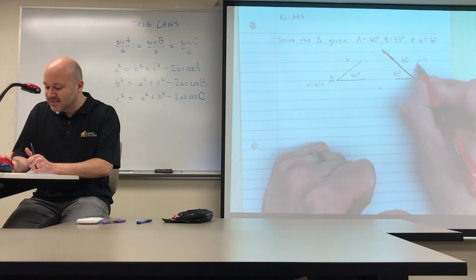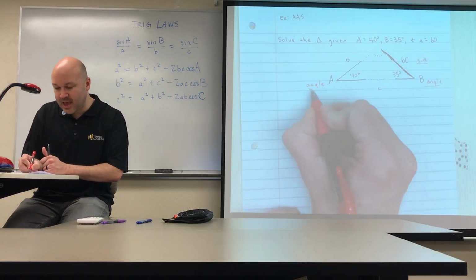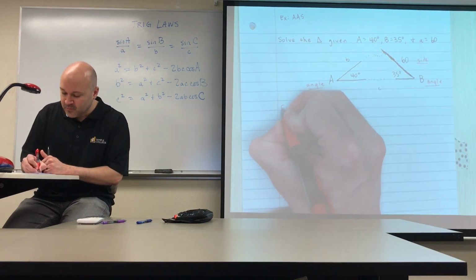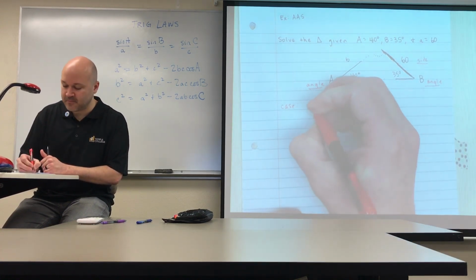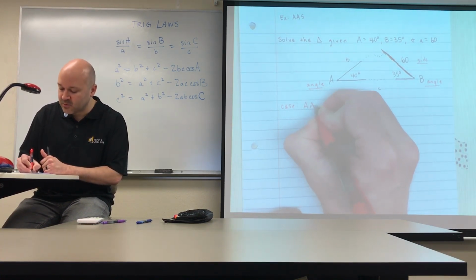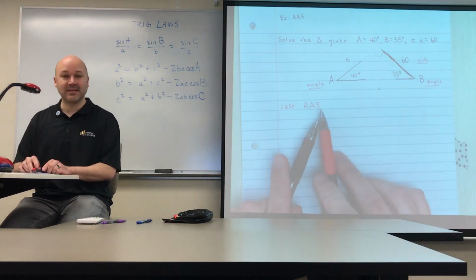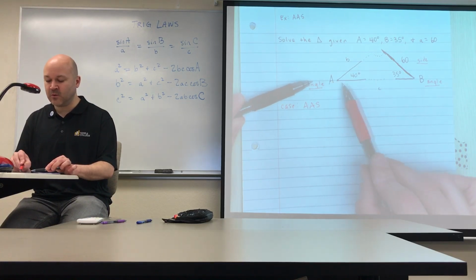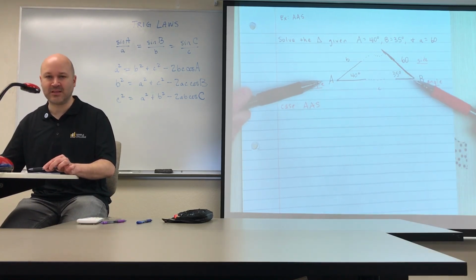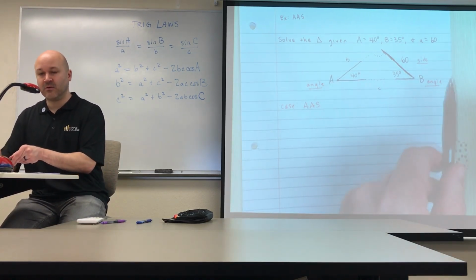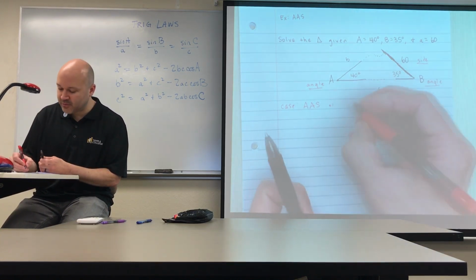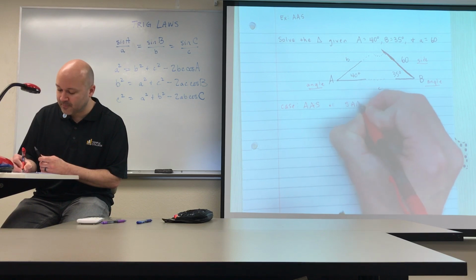We call this side, angle, angle, or you could call it angle, angle, side. So the case here is angle, angle, side. Notice the S is not between the two angles. I was not given an angle and then the side length between the two angles. I was given an angle, angle, and then a side. This can be written frontwards or backwards, so also SAA.